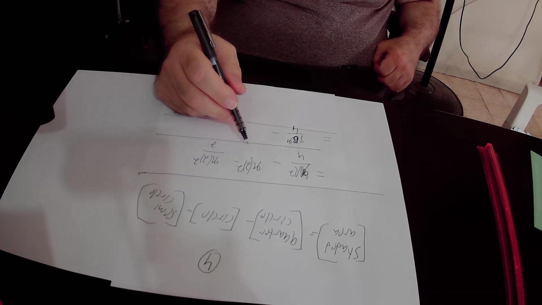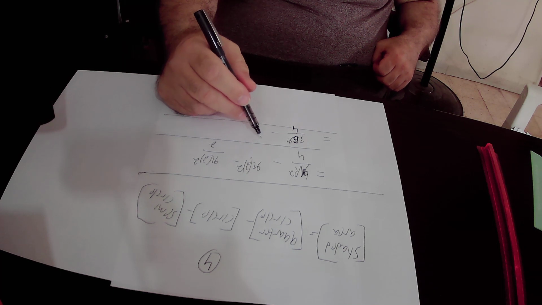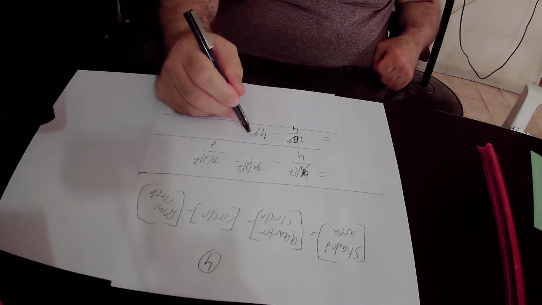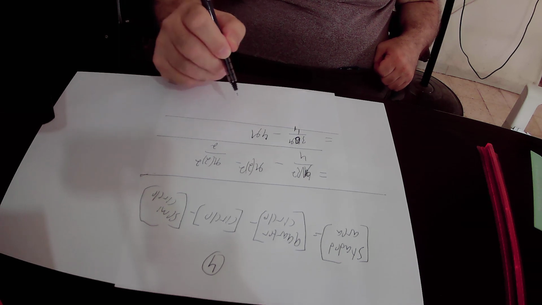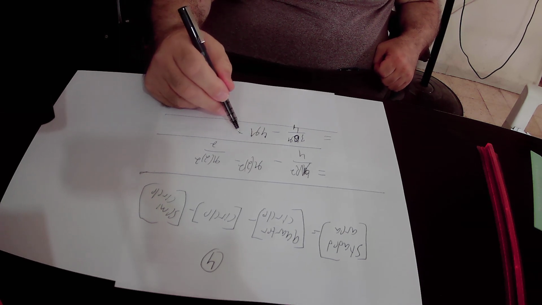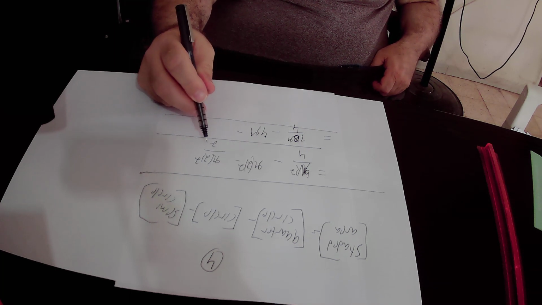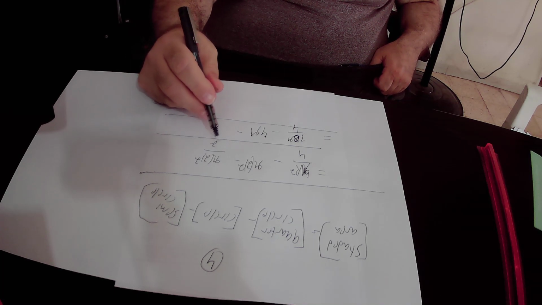squared. 2 squared is 4, and 4 times pi is 4 pi. So in conclusion, the area of the circle equals 4 pi, minus the area of the semicircle, that is 2 squared is 4, and 4 over 2 is 2. In conclusion, this expression equals in total 2 pi.